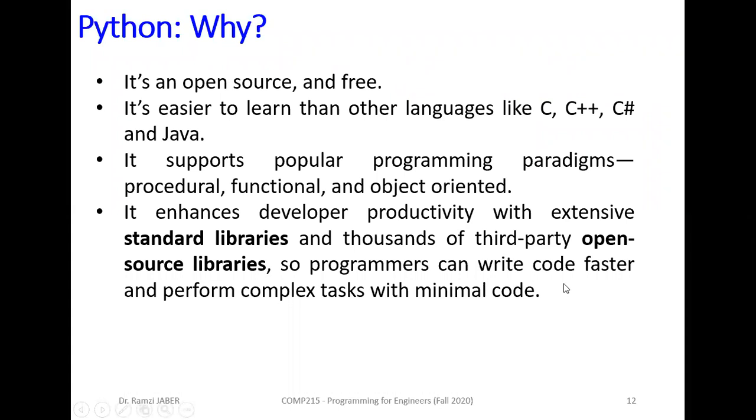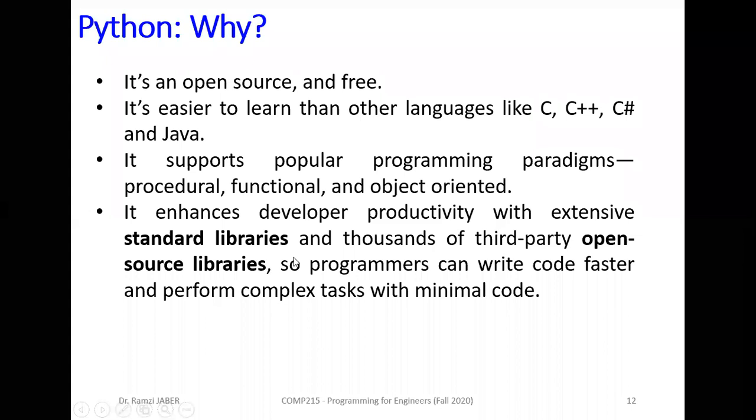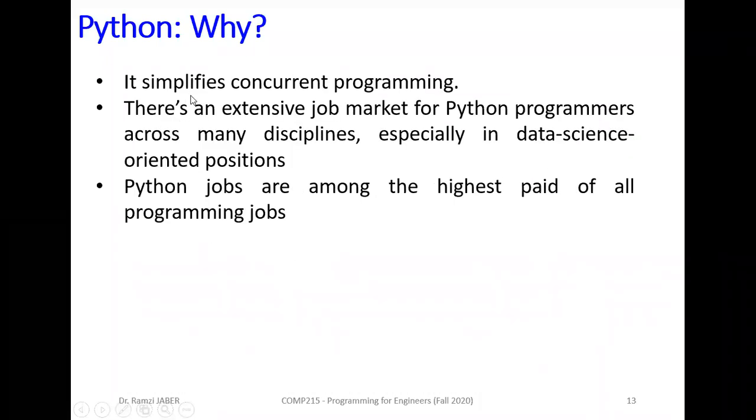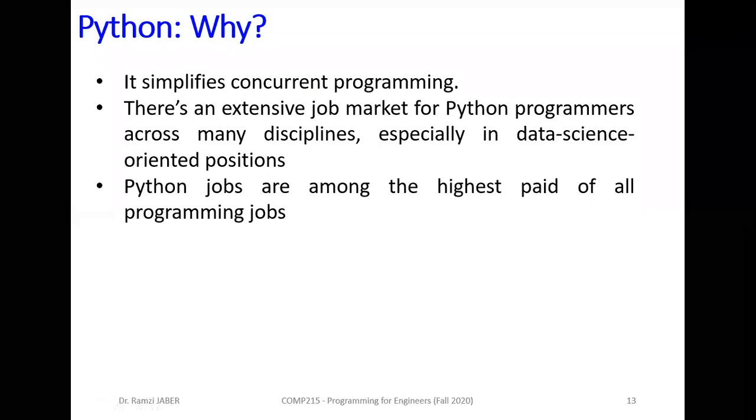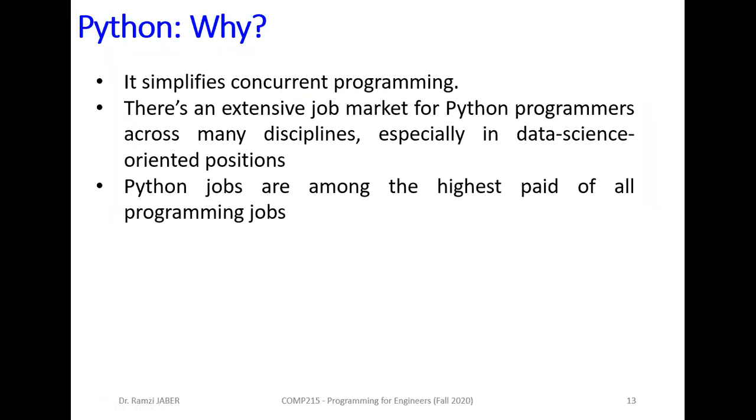That's why programmers can write code faster and perform complex tasks with minimal code. We'll always use the libraries inside Python. It also simplifies concurrent programming like parallel programming, not like C. In Python, we can code any program that runs in parallel via CPU, via multi-core CPUs.